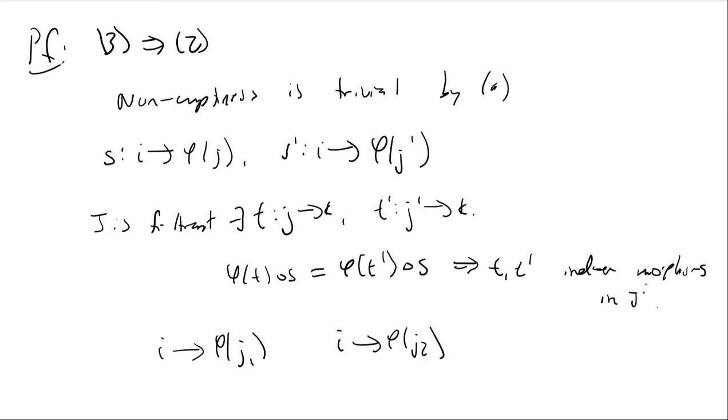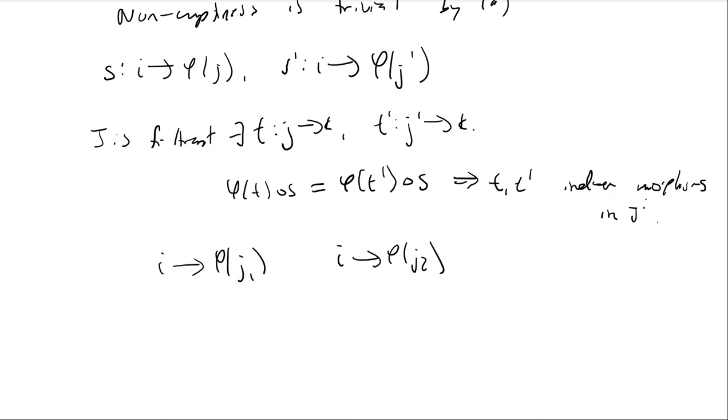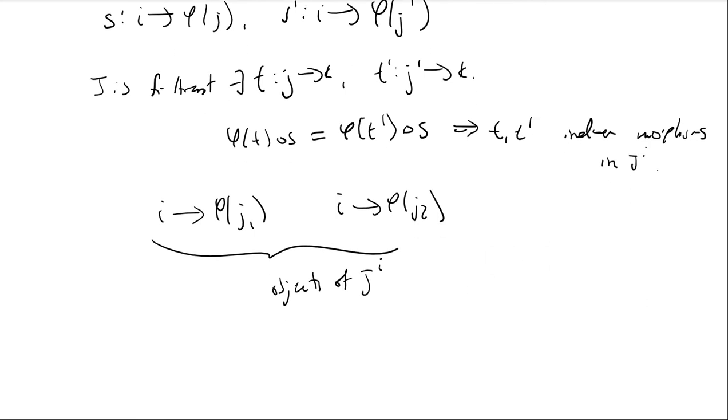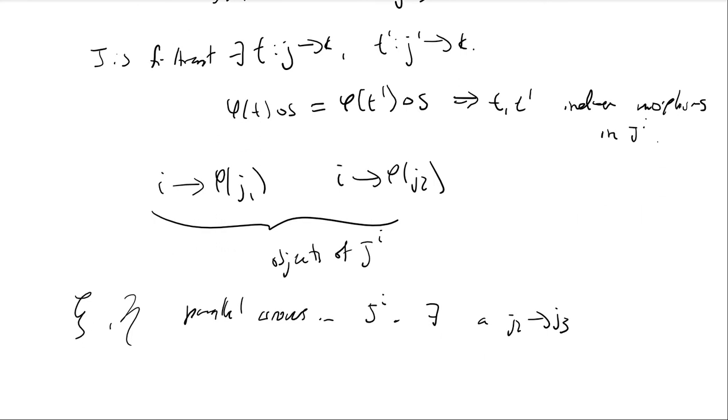These are going to be two objects of J upper I, and I can then consider two parallel arrows in this category, which I'll denote with Greek letters, we could call these zeta and eta, parallel arrows in J upper I. And this means that we have a morphism j2 to j3 so that we can make these agree.